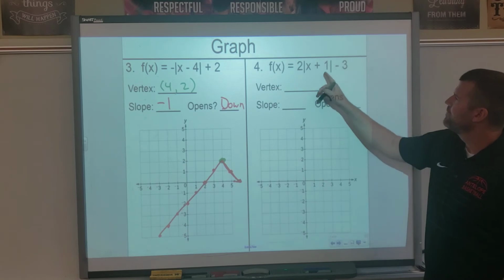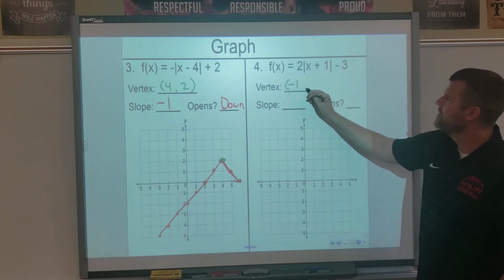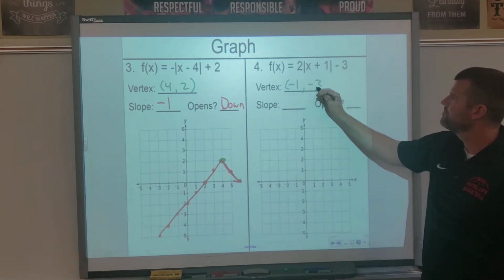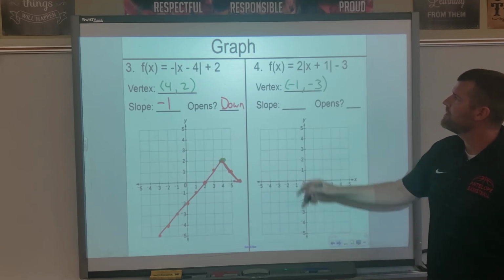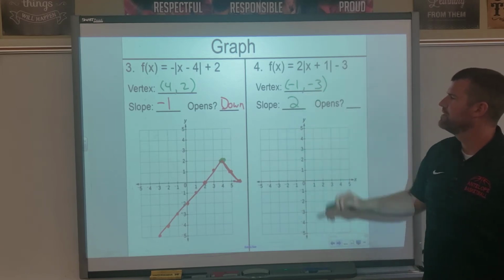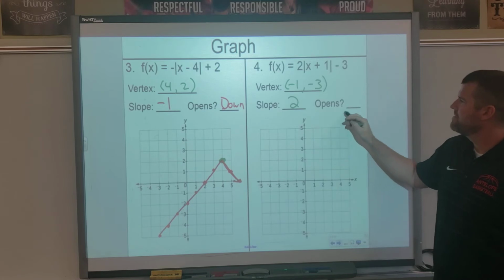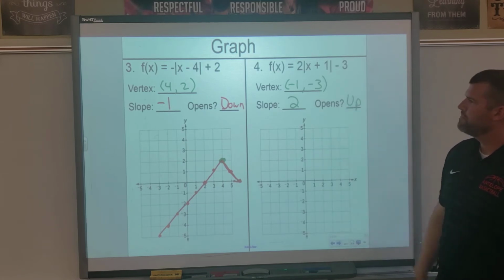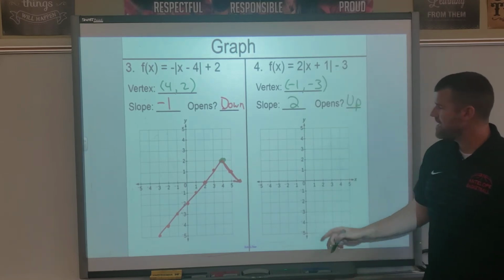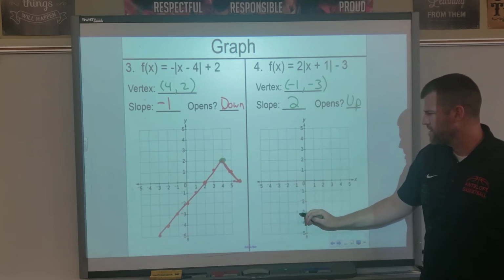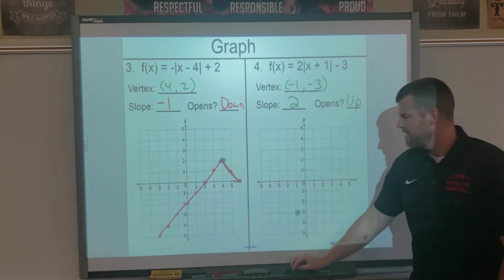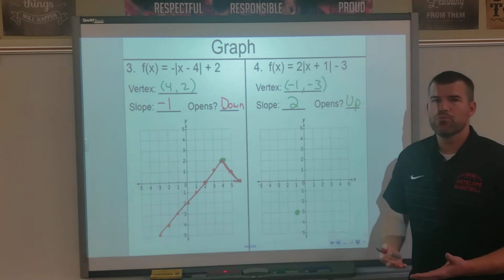Next example, vertex will be negative 1, negative 3. We know our slope is positive 2. And then because it's positive, we know it's going to open up. So I'm going to put my vertex at (-1, -3). And then from there, how am I going to get more points?